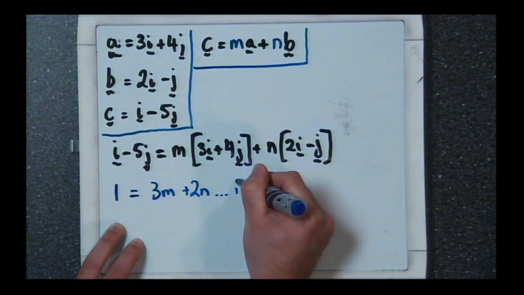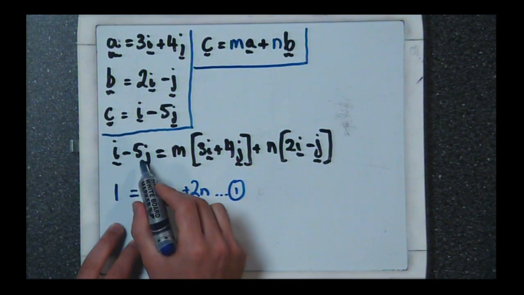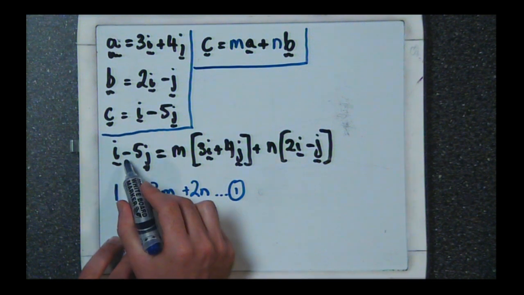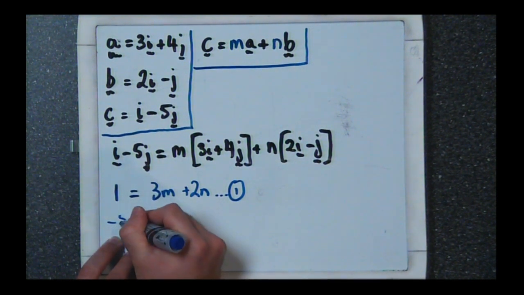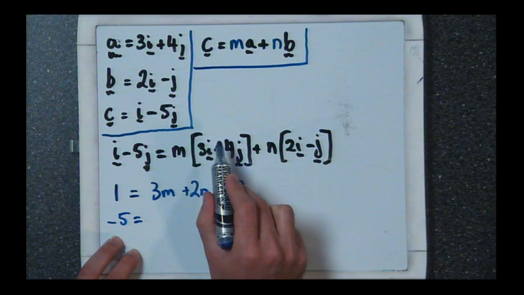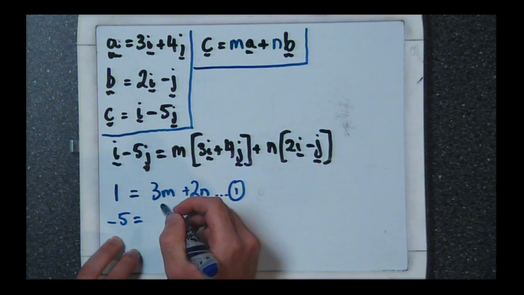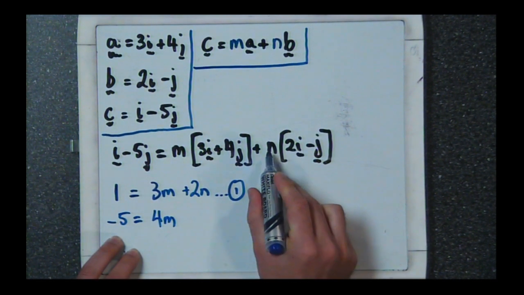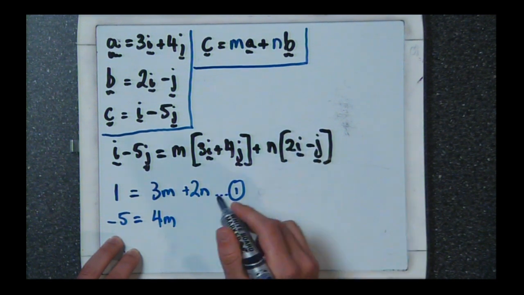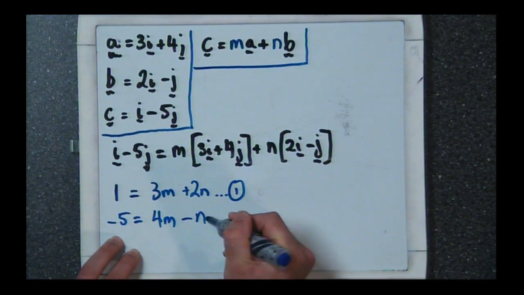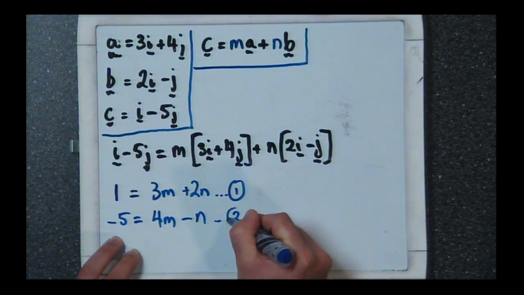We'll call this equation 1. And the j's, we do the same. Minus 5 on this side equals, now m multiplies by 4j, so we end up with 4m, minus j times n, so we end up with minus n. That becomes equation 2.